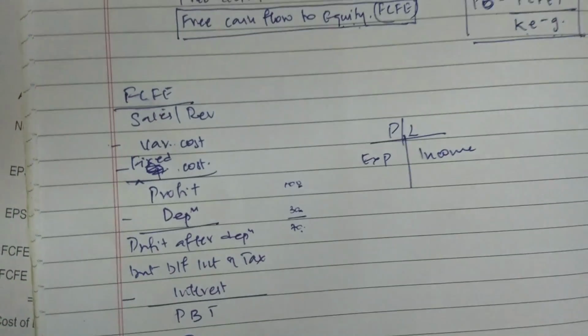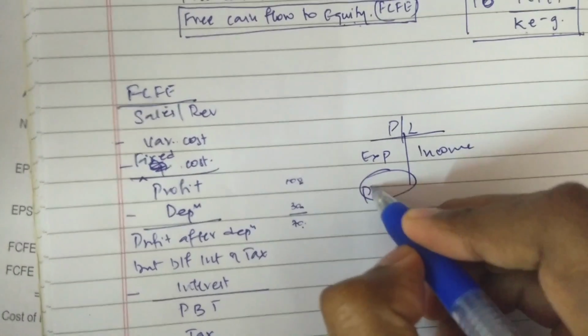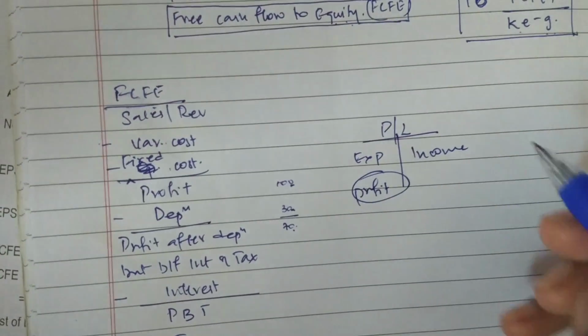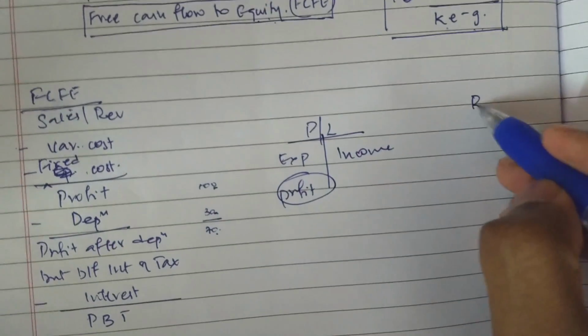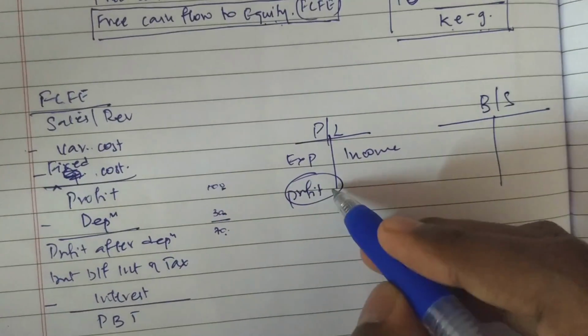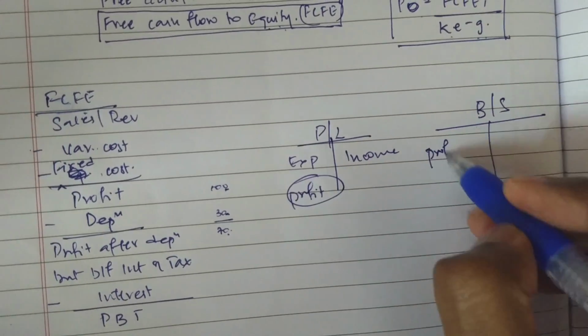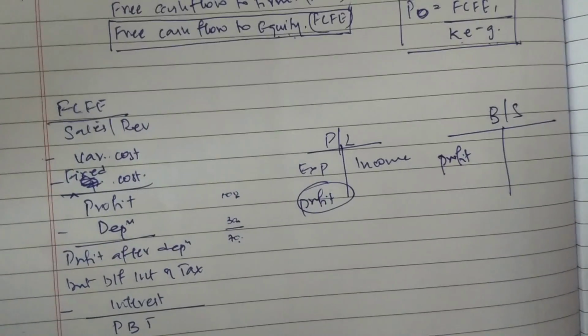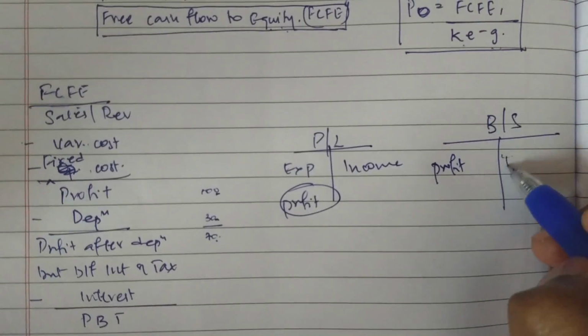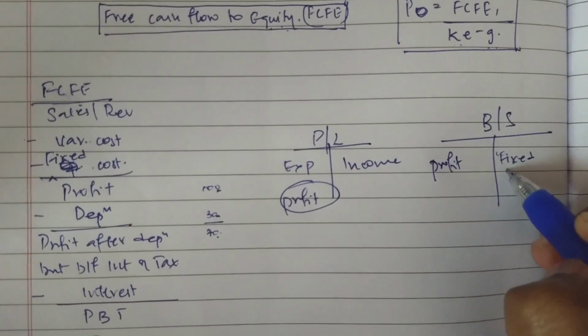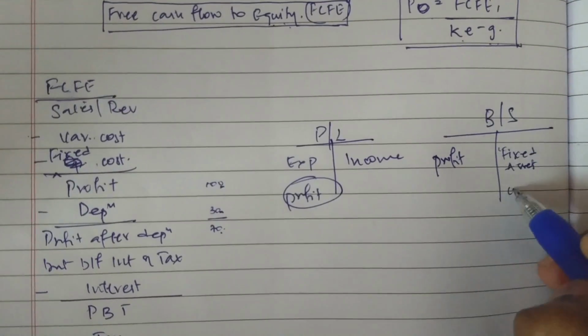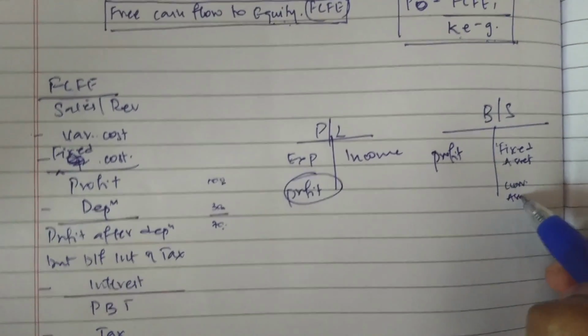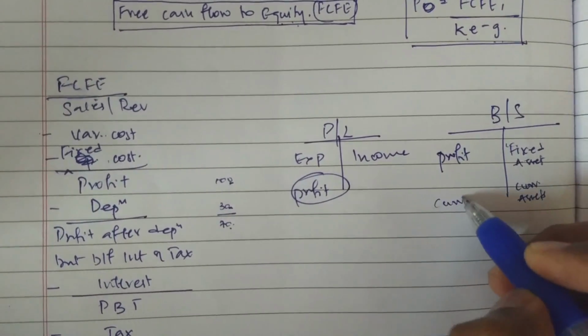Income over expenditure results in profit over here. That is your closing balance as profit. When you take it into the balance sheet, the profit goes in here with the capital. There are certain items such as your fixed items. There are fixed assets over here. There are current assets over here. There are current liabilities over here.